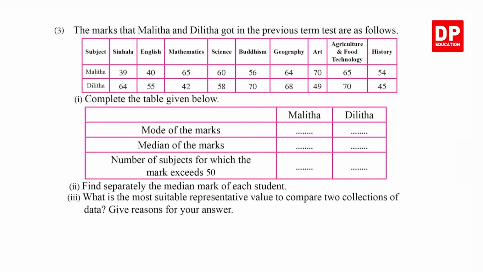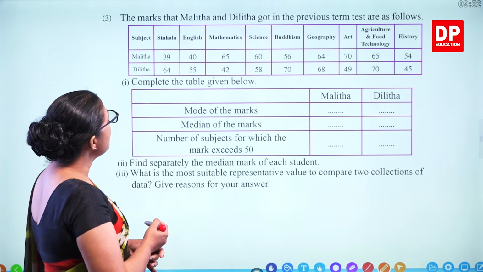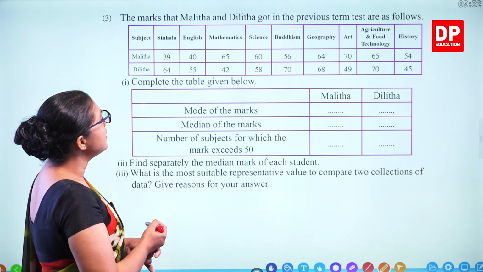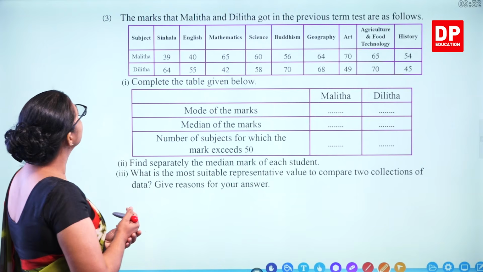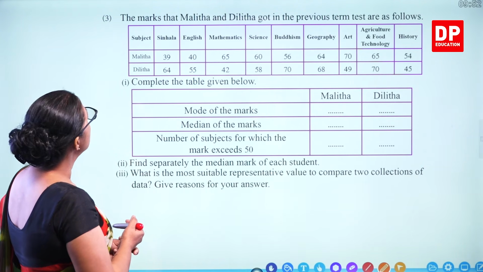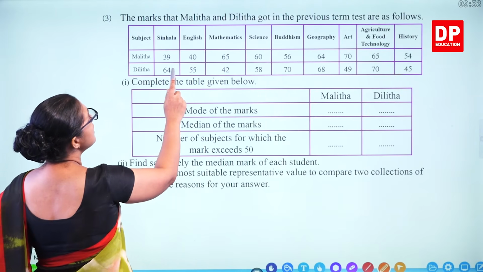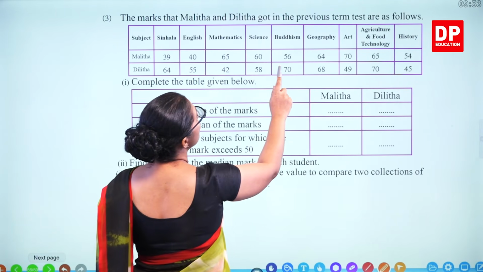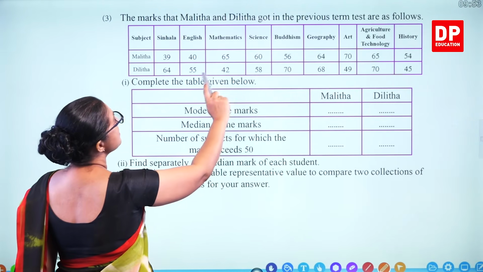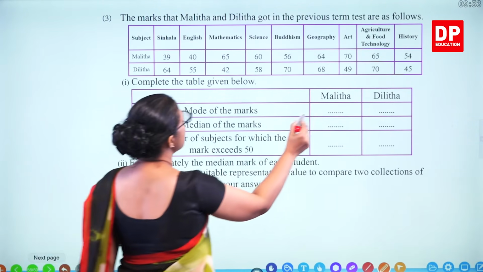Question number 3. The marks that Malitha and Dilitha got in the previous term test are as follows. Complete the table given below. Mode of the marks. Malitha: 65, 64, 70. 65 twice, so that's 65.